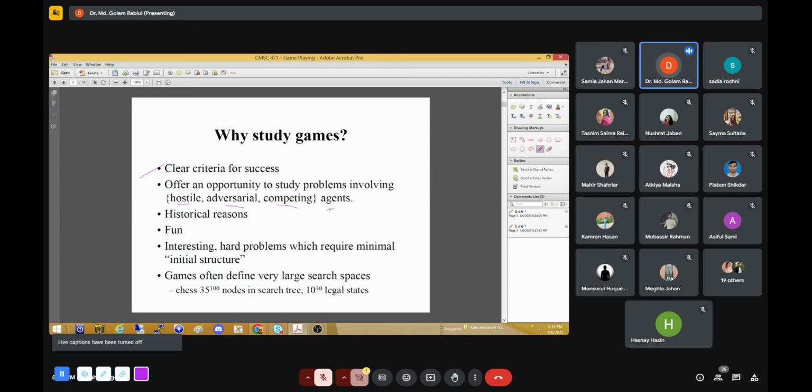So we need to keep in mind whether the opponent is hostile or not, adversarial or not, or just a competitive agent. We have to keep those in mind to design an AI agent for game playing.